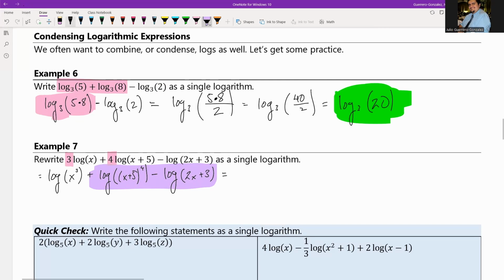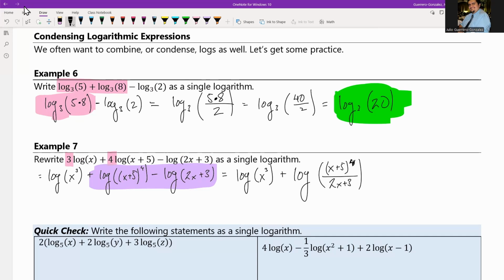So this is equivalent to log of x cubed, which just gets to come along for the ride, plus log, now I'm going to do my quotient rule, (x plus 5) to the fourth divided by (2x plus 3), bam, and that is to the fourth.